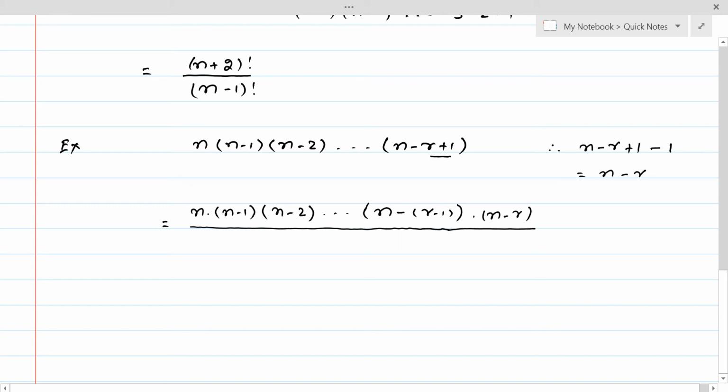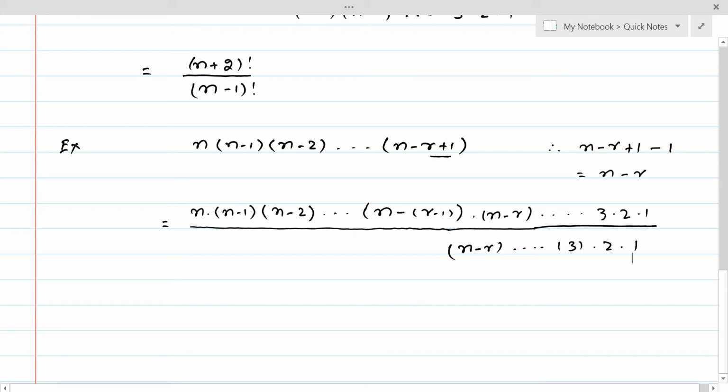And similarly, if we continue to subtract, we can go up to 3 times 2 times 1. So what we have multiplied here is basically this n minus r, and so on up to 3 times 2 times 1.